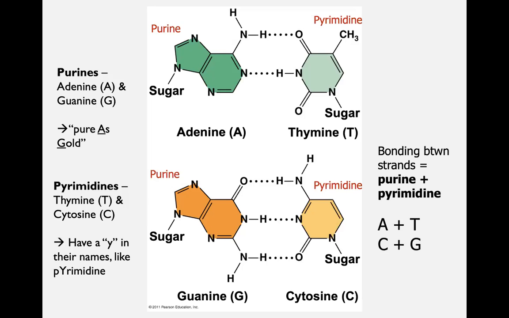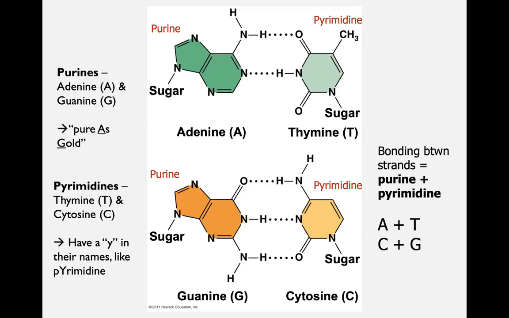So that gets a little more confusing because you have to know which are the purines and which are the pyrimidines, but then know the 2 that actually bond with each other, the pairing up of the A and the T and the C and the G. And this is the only way these will bond.